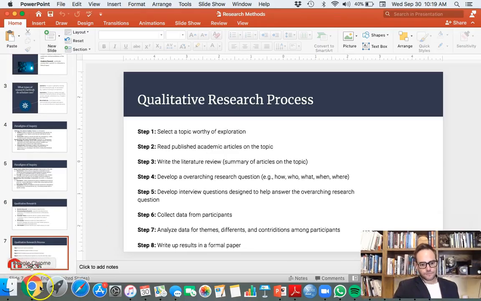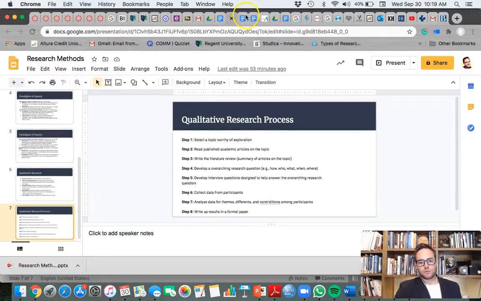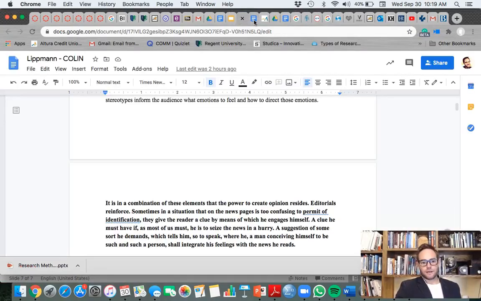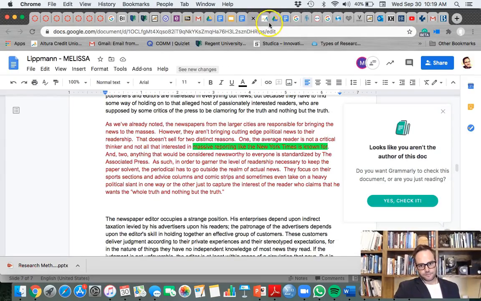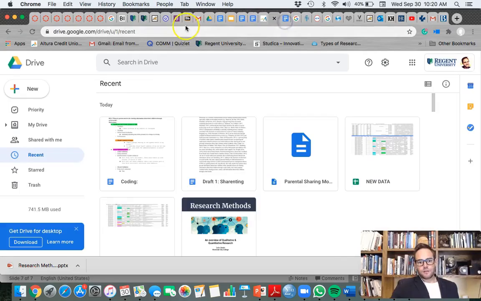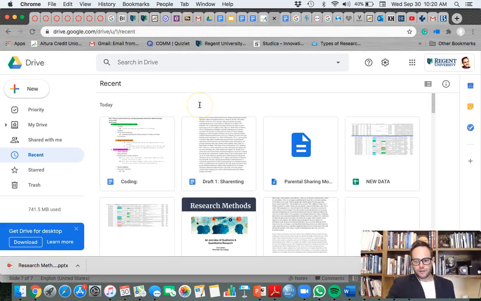So before I end today, I wanted to show an example of the whole process of qualitative research. In this module, I have attached some of my previous studies that operated from this methodology.